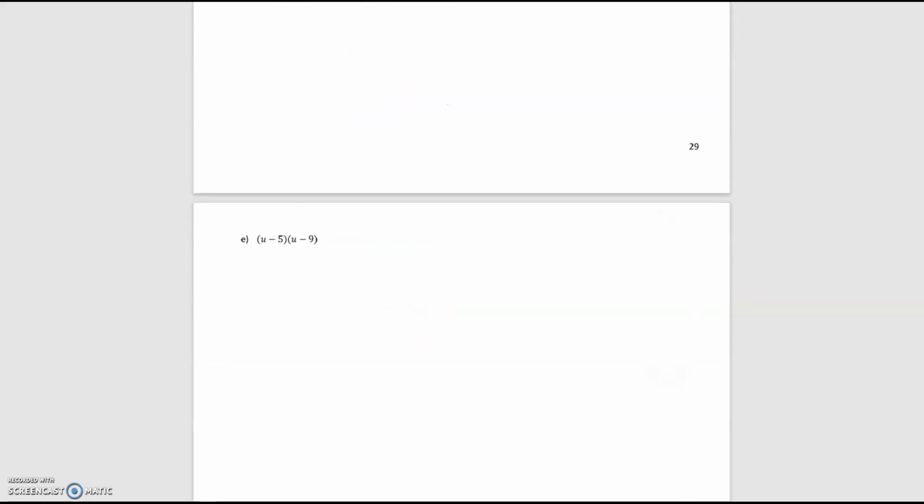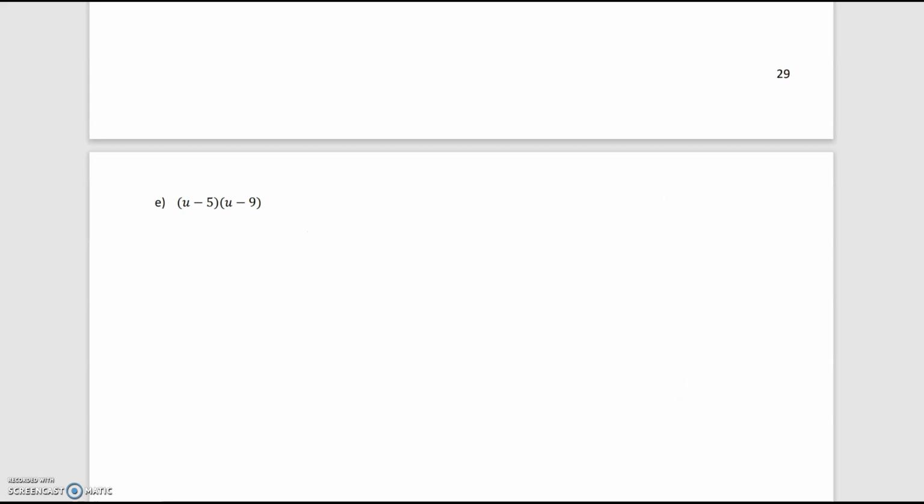Let's move on to E. And in E we have u. So u is going to multiply these two, and then the -5 is going to multiply those two. So we're going to end up with u squared minus 9u minus 5u and plus 45.